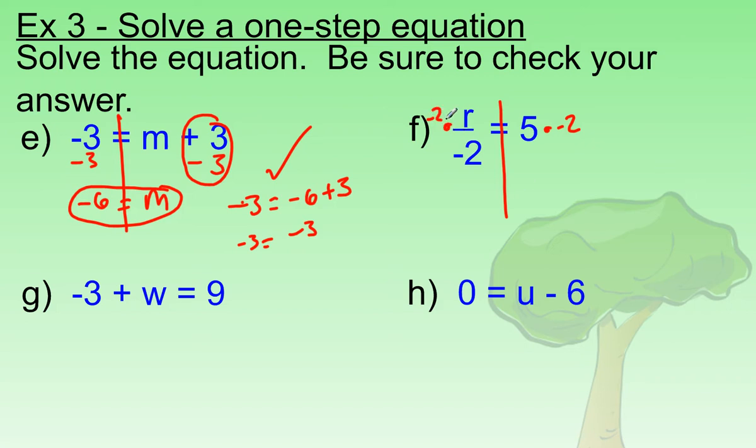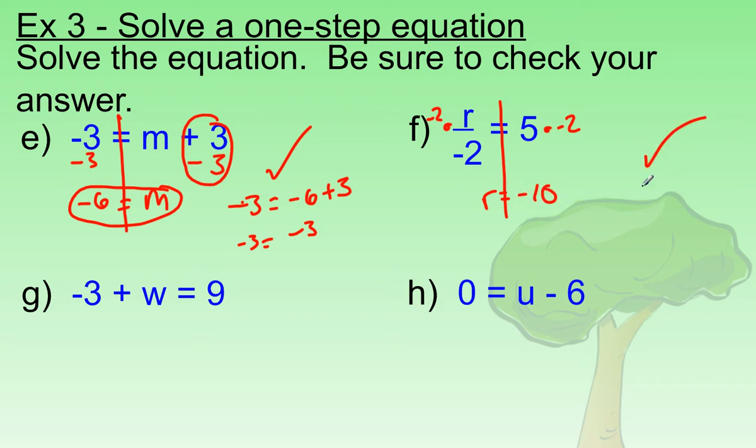Let's see, over here, a multiply by -2 and a divide by -2 will cancel because, again, -2 divided by -2 is equal to 1r, and that 1 is not necessarily needed. On the other side, 5 times -2 is -10.